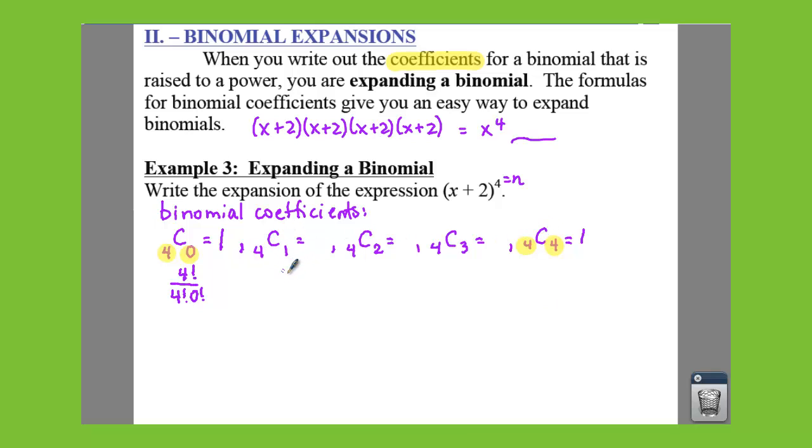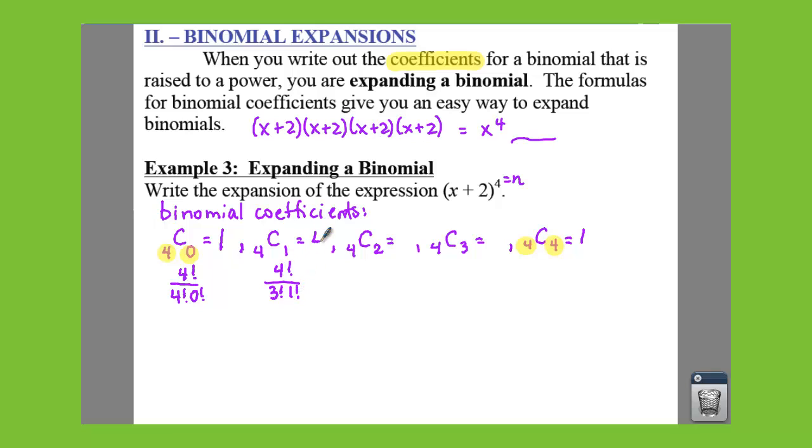Now if you have a 4 C sub 1, that means you're going to have a 4 factorial over 4 minus 1 factorial times 1 factorial. Or sorry, that's going to be a 3 factorial. So remember, we can do our shortcut. 1, 2, 3 is going to cancel on the bottom with 1, 2, 3 on the top.